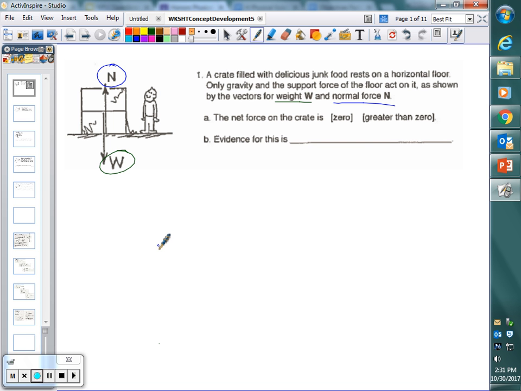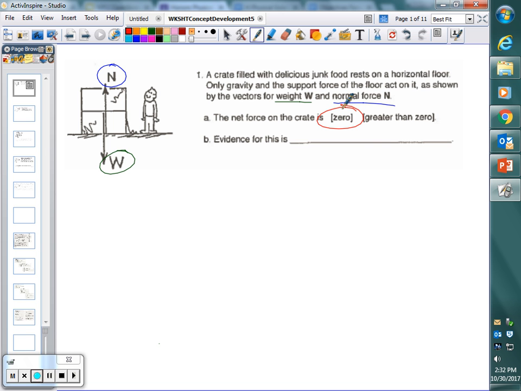If this object is at rest, as it says in the description, what has to be true about it? Joe? The net force on the crate is 0. Joe, what is your evidence for that? It's motionless. That's true. Let's go something a little bit more. There's two equal forces acting. How do you know there are two equal forces acting on it? It's motionless, which means it's not what?